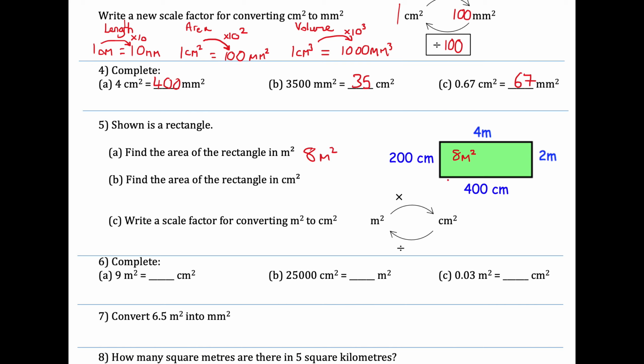Okay, so this can often save a bit of time if you just write down any lengths in their other units first. So 200 times 400, well, the 2 times the 4 will give us 8. Okay, but then we've got 1, 2, 3, 4 zeros to add on. So 80,000 square centimetres.